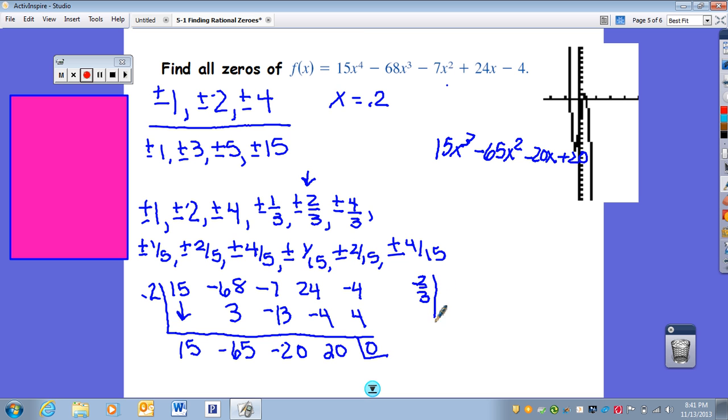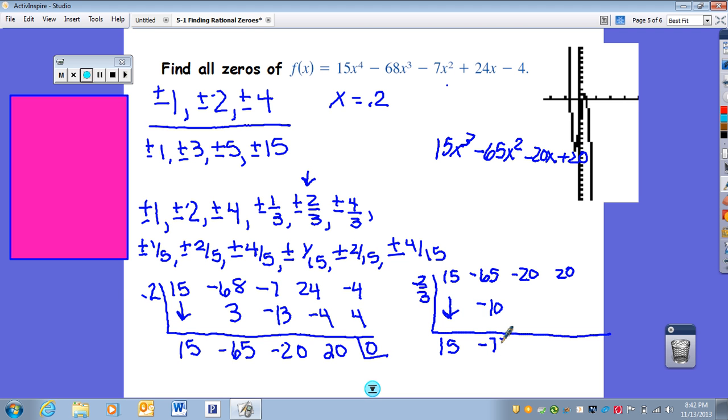We won't convert that to a decimal since it's a repeating decimal. So we have our coefficients of 15, negative 65, negative 20, and positive 20. So we'll bring down our 15. Multiplying negative 2/3 times 15 gives us a negative 10.